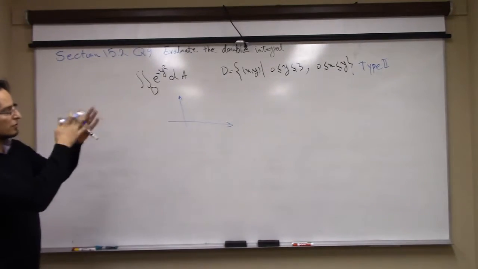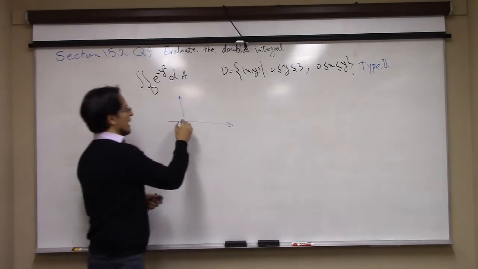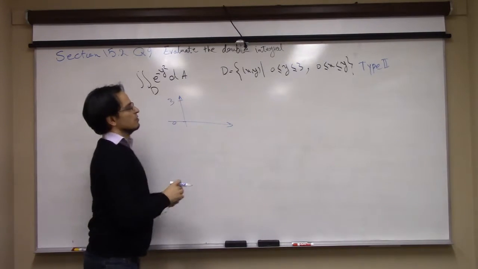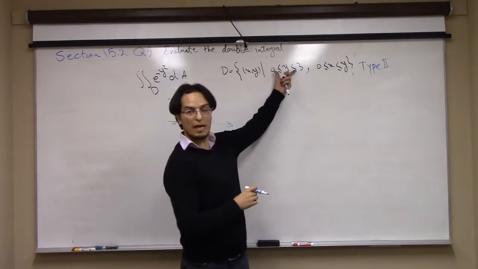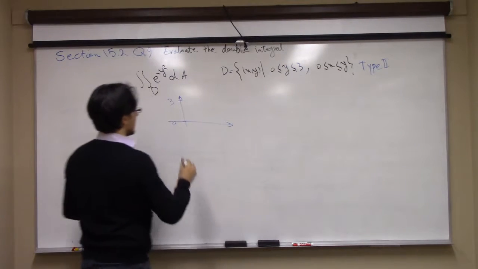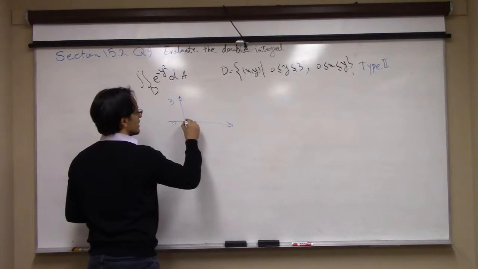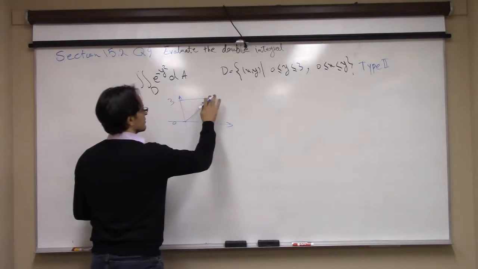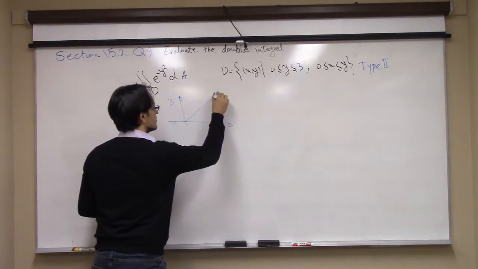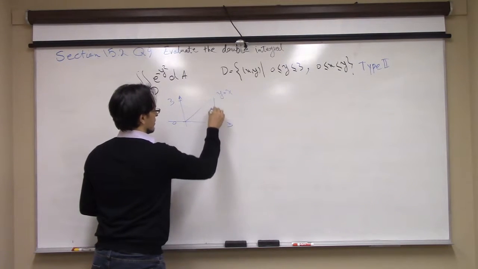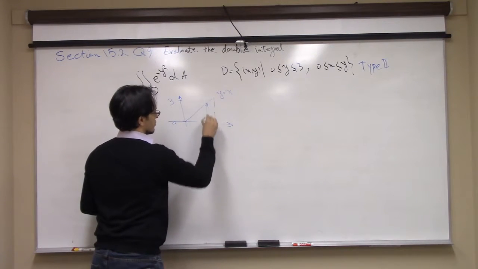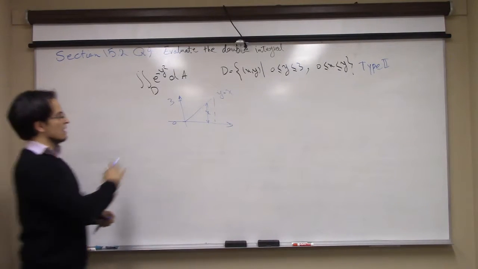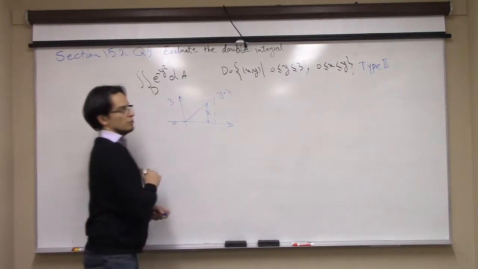If you wanted to draw that, you have y going from 0 to 3, so the constant boundaries are for y, and x goes from 0 to the line y equals x.